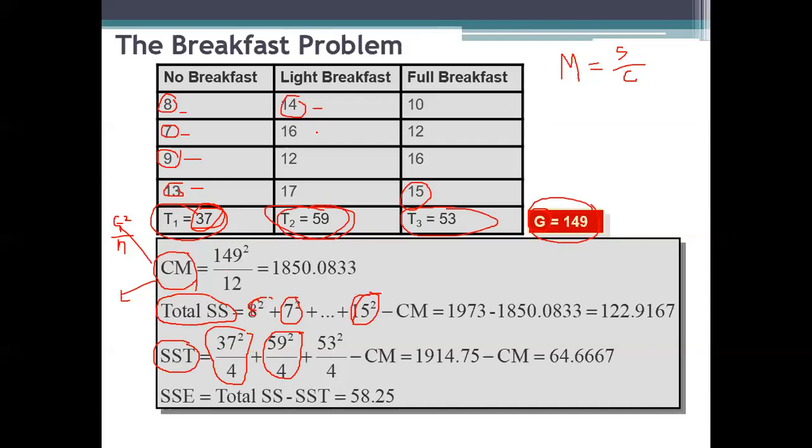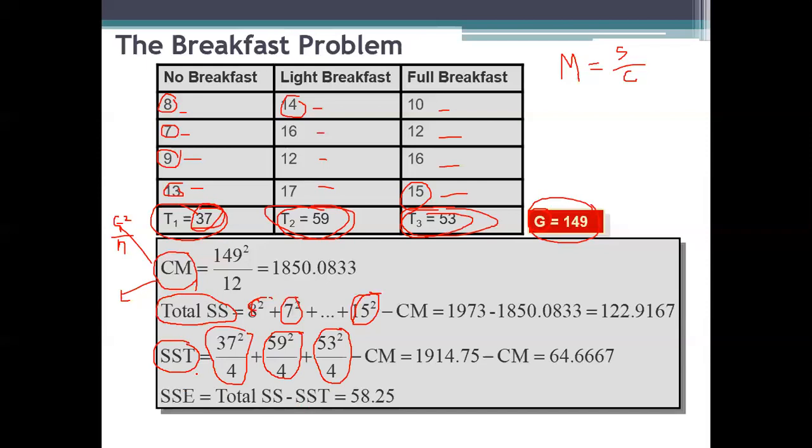We have 1, 2, 3, 4, so divide by 4. And then 53 square divided by 4 is for the last group, also 4 samples, and minus CM. So the total is 1914.75 minus CM. Then you will get SST, which is 64.6667.